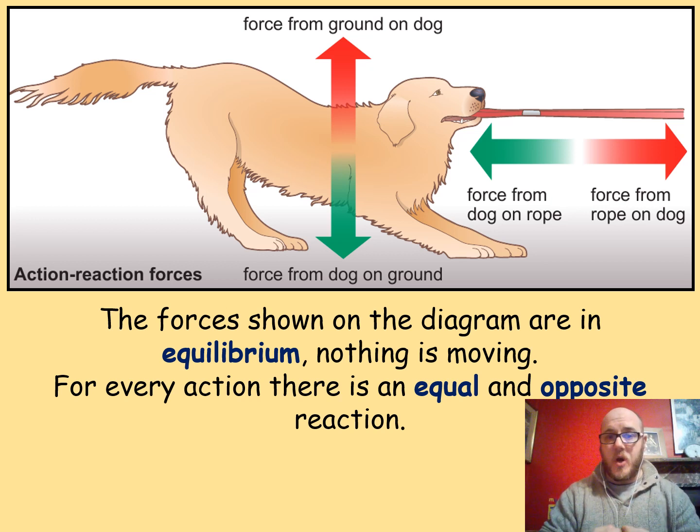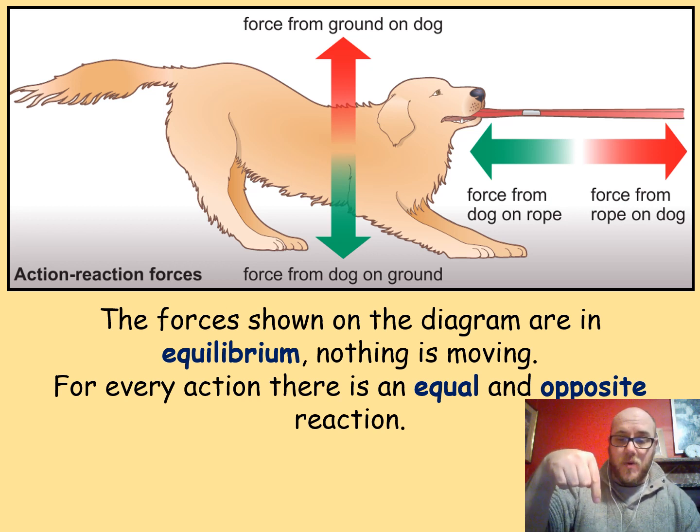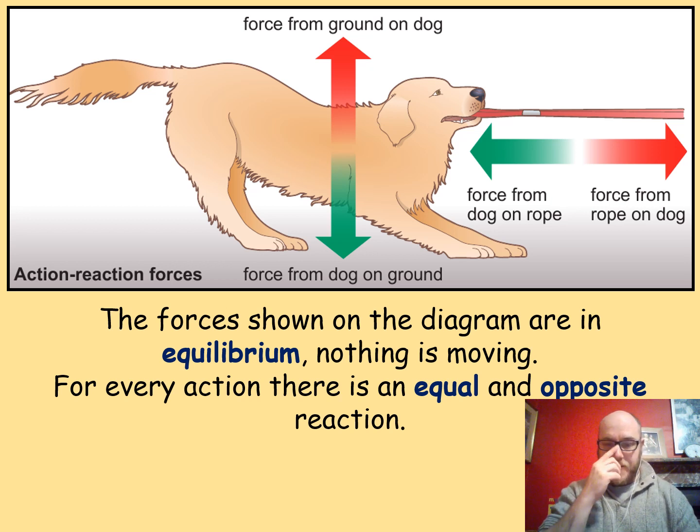The force from the dog on the ground. Now, the ground has a reaction force and pushes back up on the doggo. The force from the ground on the dog is an equal but opposite force. So it's the same size, equal but opposite direction. So its force of the weight has an equal and opposite reaction force pointing upwards. And they're in equilibrium. Nothing is moving. The forces are the same size.